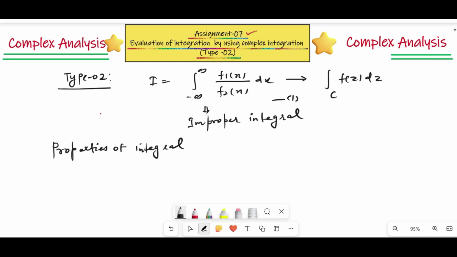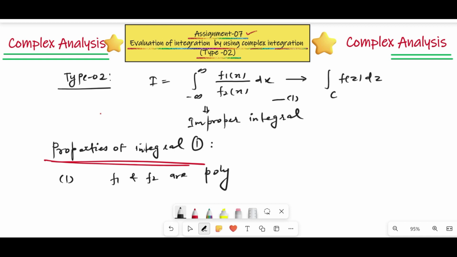The first property is that f1 and f2 are polynomials, with degree of f1 equal to m and degree of f2 equal to n.